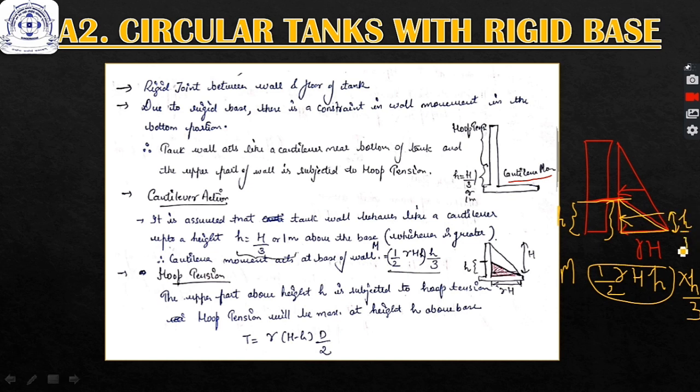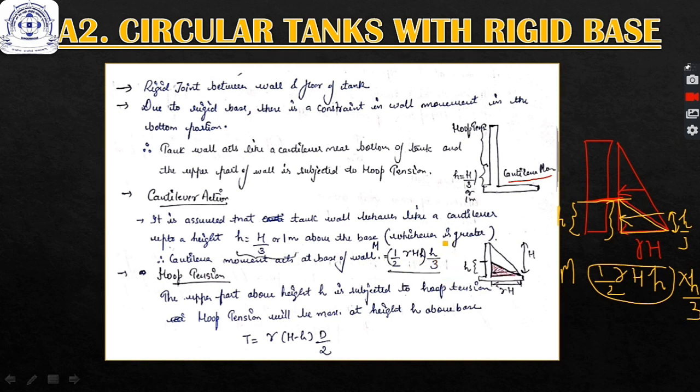I hope you understand this part. Hence we can say that the cantilever moment acting at the base of the wall due to the water pressure force is half gamma H into small h into h by 3.